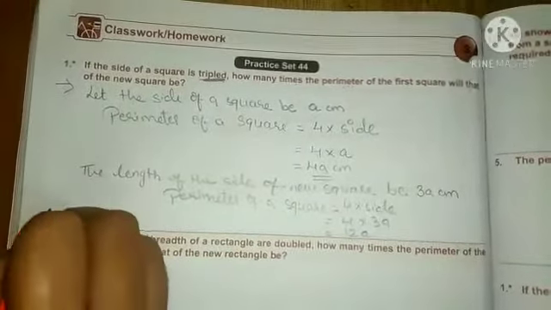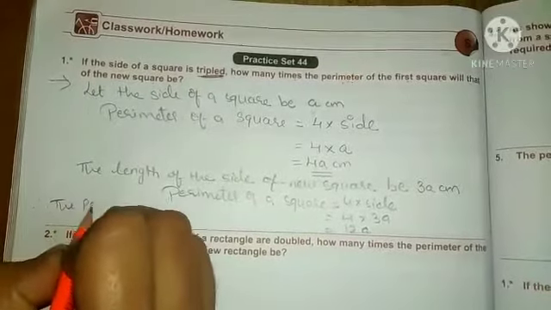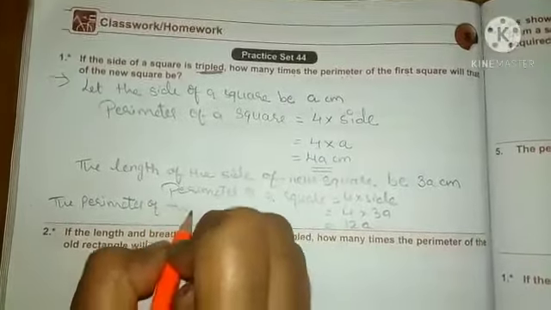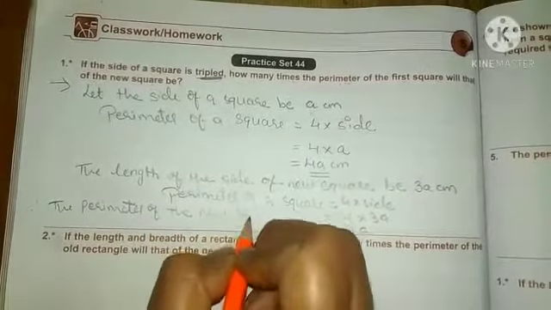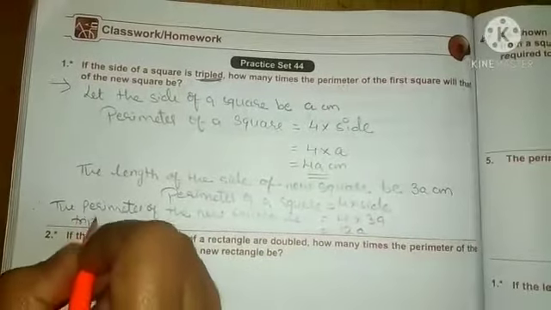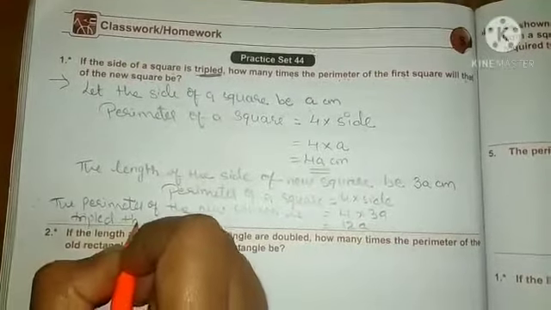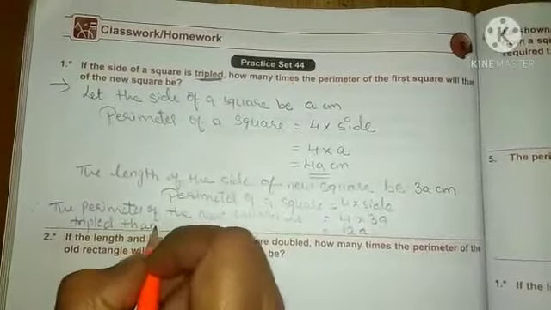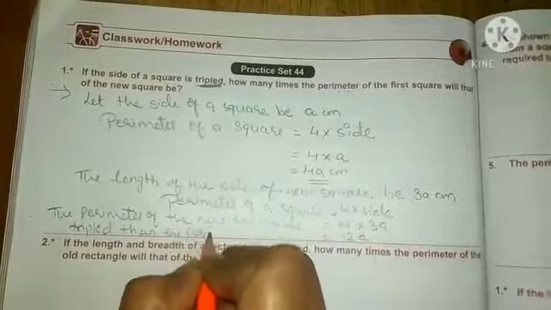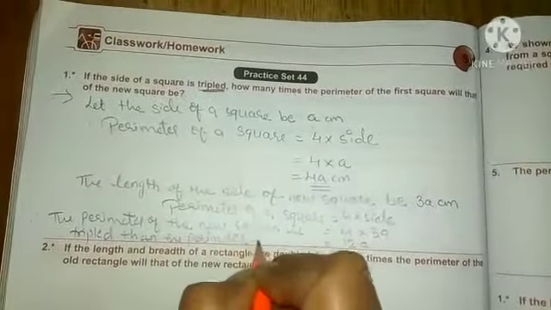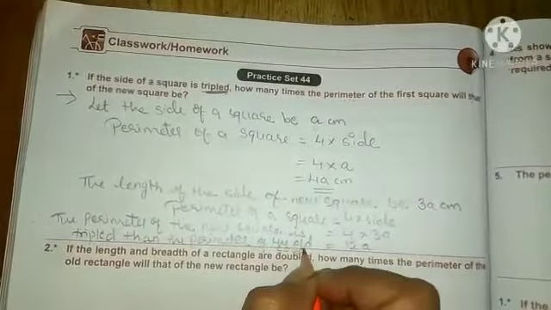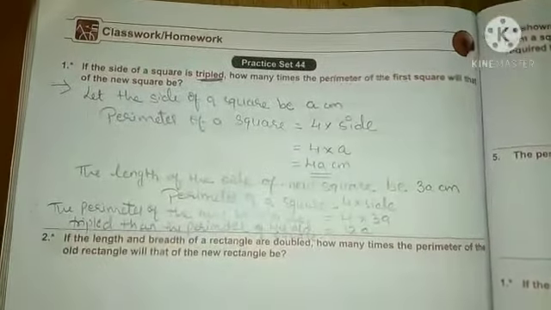So here we will write: therefore, the perimeter of the new square is triple the perimeter of the old square. Clear? Understood?